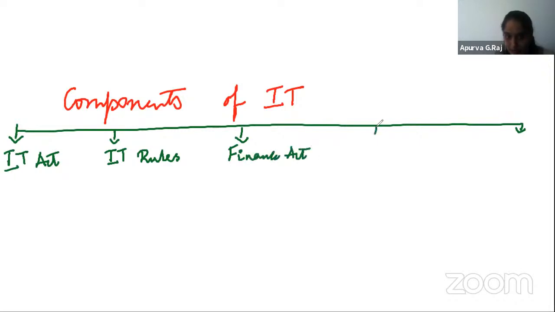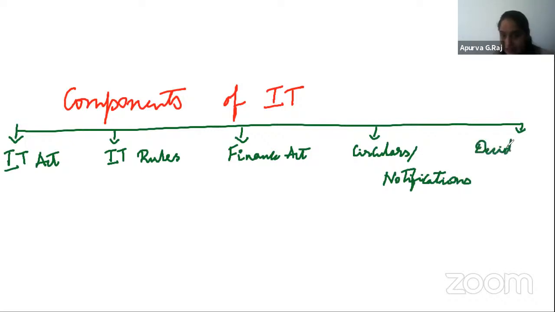And the fourth portion is called Circulars or Notifications. And the fifth portion is called Decided Case Laws.